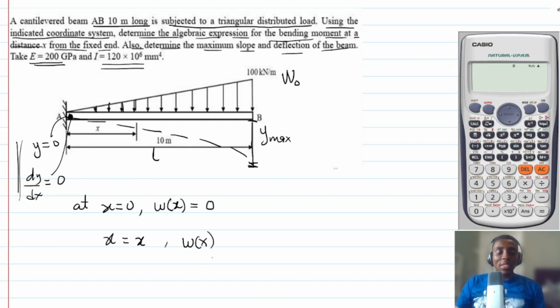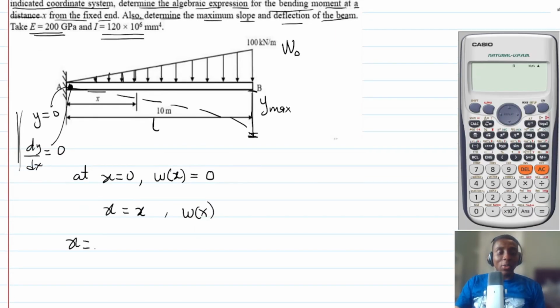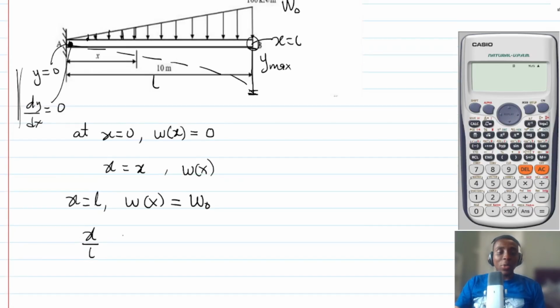Essentially, if you look at it carefully, you will realize that at x equals L, this w of x will be w naught. In other words, you can use proportion: as we move from x equals 0 till we get to x equals L, at the end it is exactly equal to w naught. So by proportion, x over L is equal to w of x divided by w naught.